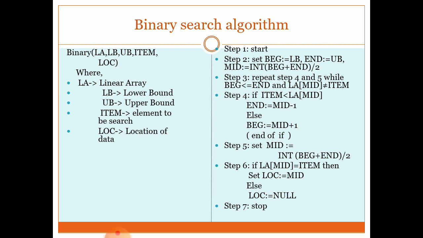So the lower bound of my array is set to beginning, and the upper bound, the position of the last element, is set to end. Then we will find the position of my middle element. So how to find the position of the middle element? We can write mid equals integer of (beginning plus end) divided by 2.